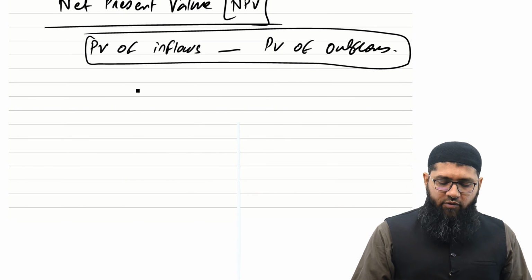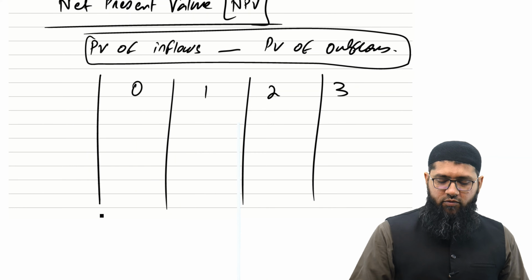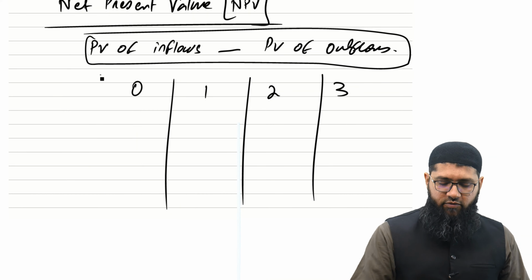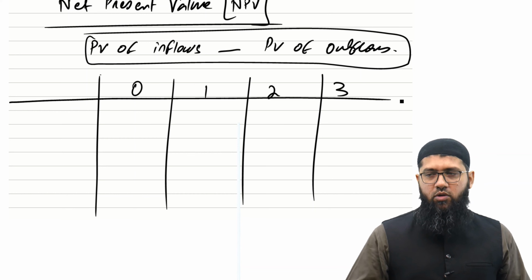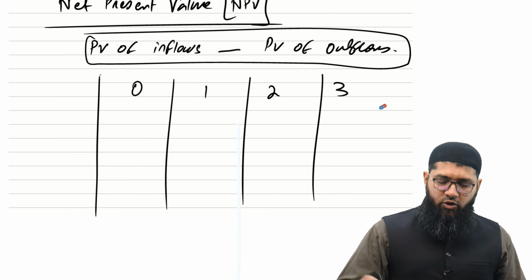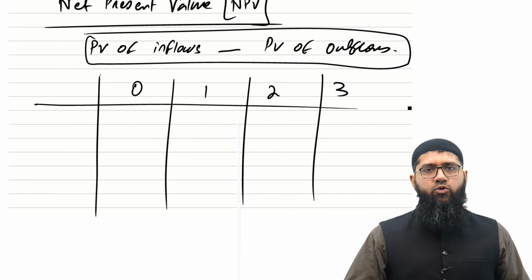Generally speaking, whenever we have an NPV calculation, we would go about it like this. We would say time period 0, time period 1, time period 2, time period 3, and so on.